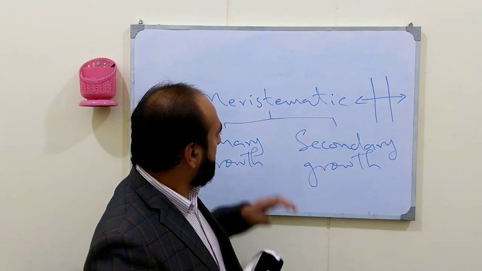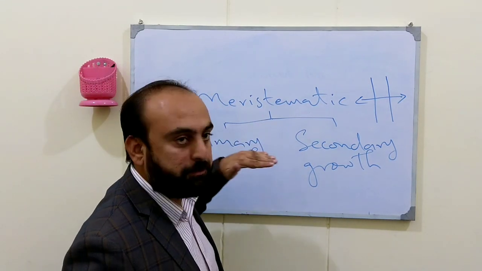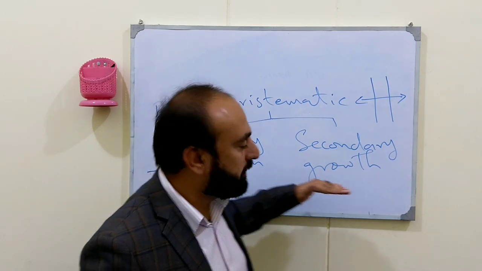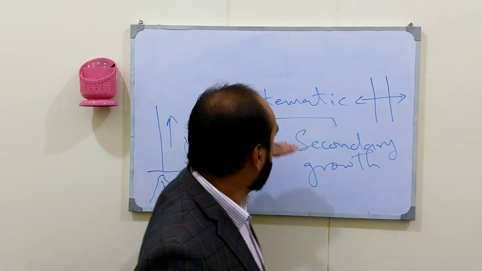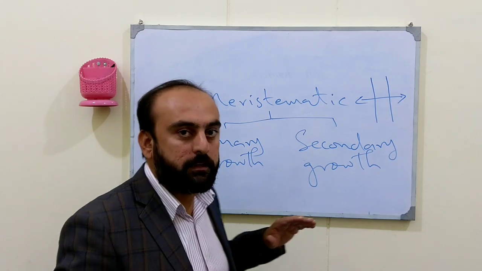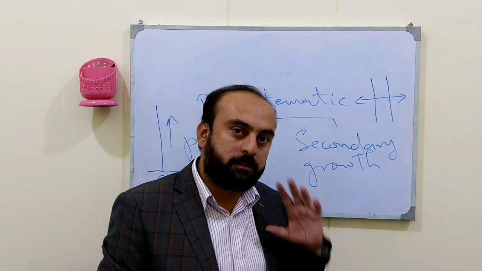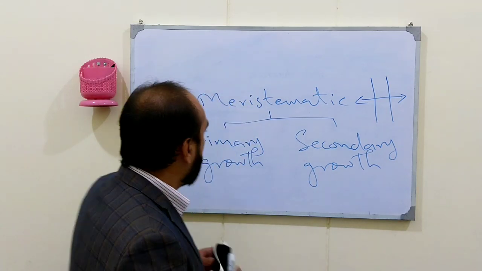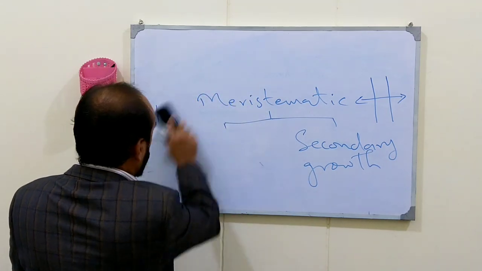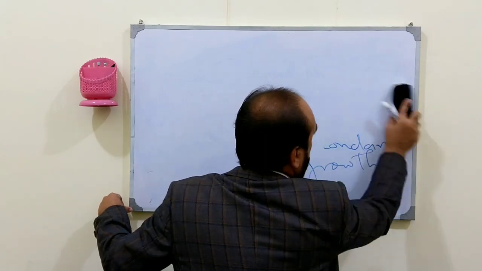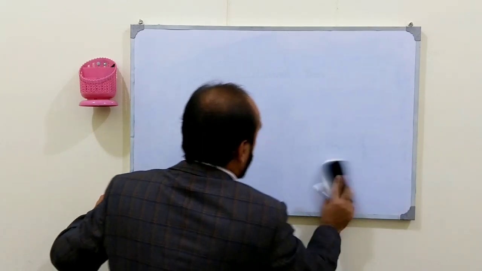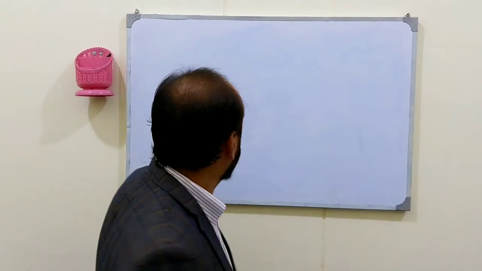So the basic purpose of meristematic tissues is primary or secondary growth, and they are localized. It means they are located in specific parts of the plants, and based on their location there are 4 different types of meristematic tissues.